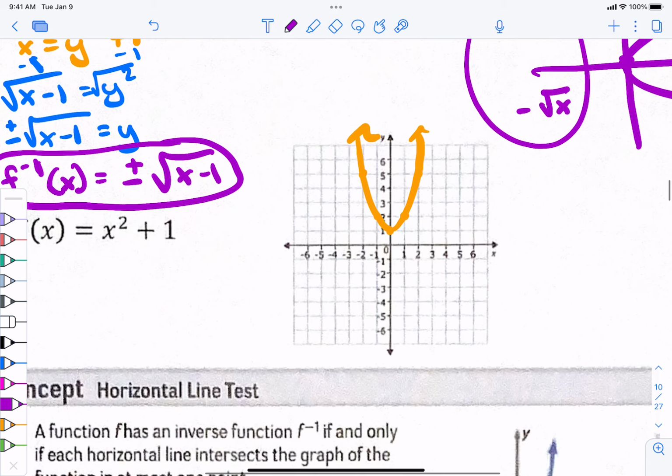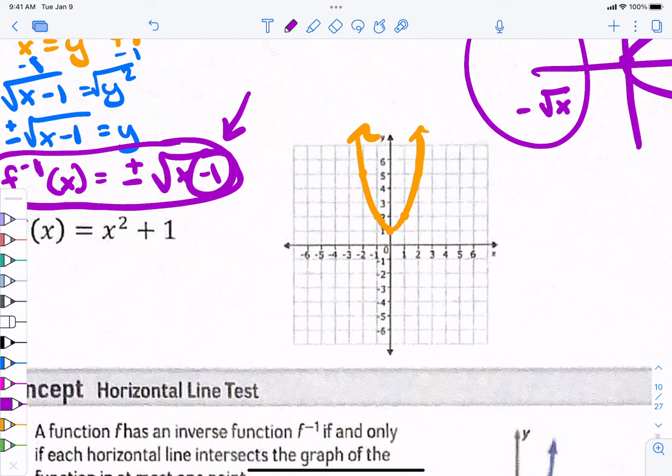But then we have to decide, what's this minus 1 doing? It's on the x-axis. This is where it's the opposite of what you think.